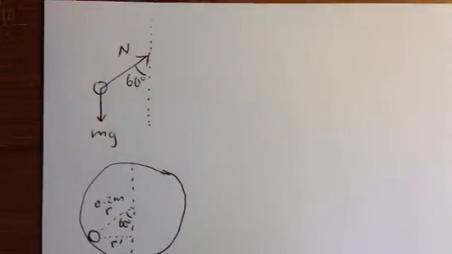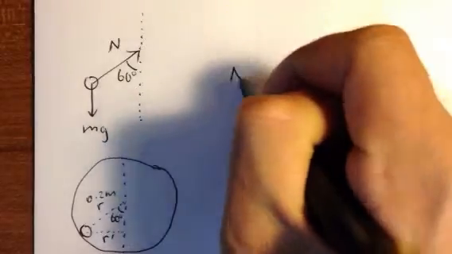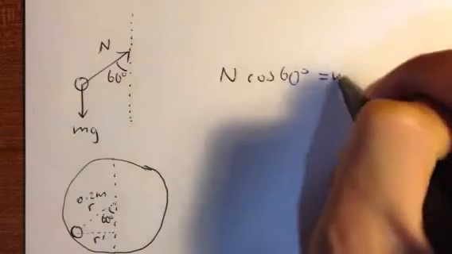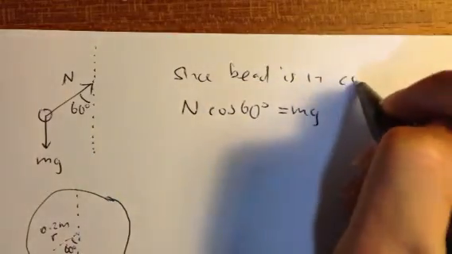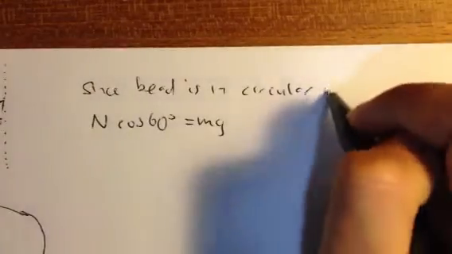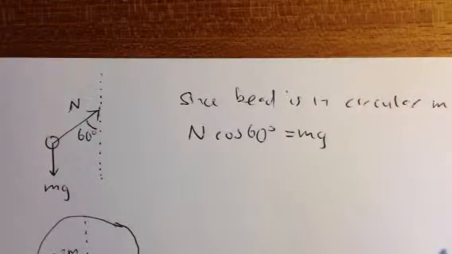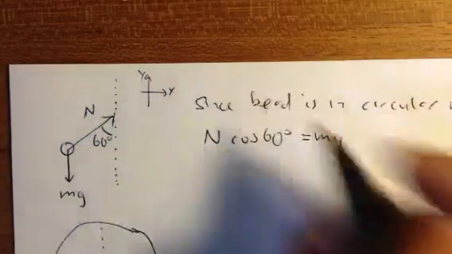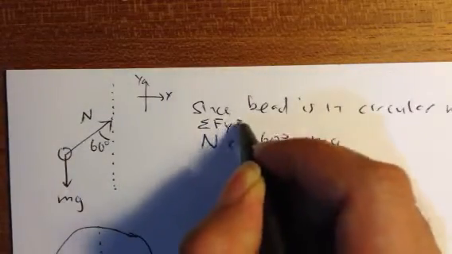Now let's solve our equations. The first equation, looking at this free body diagram, is N cosine 60 degrees equal to mg. Since the bead is in circular motion, if I say this is my y direction, this is my x direction, the summation of forces in the y direction should be equal to 0.